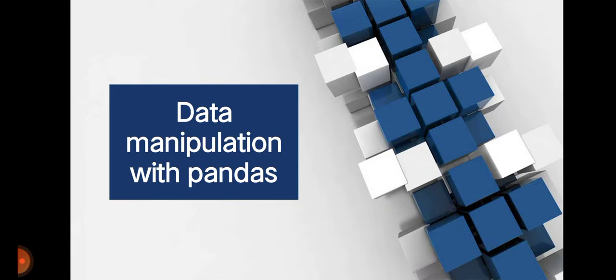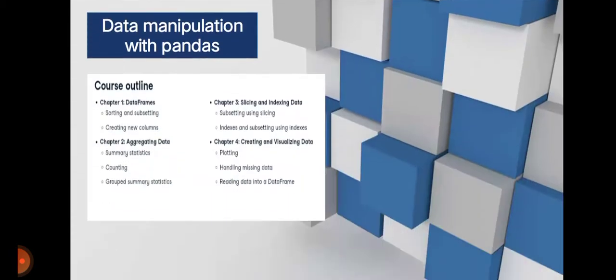And let's have a look at the third chapter of the third course of Python, which is data manipulation with pandas. In data manipulation with pandas, we have learned about 4 chapters. First, in data frames, I learned about sorting, subsetting columns, and creating new columns. In chapter 2, which is aggregating data, I learned how to summarize a statistic, how to do the counting of those statistics, and how to group summary statistics.